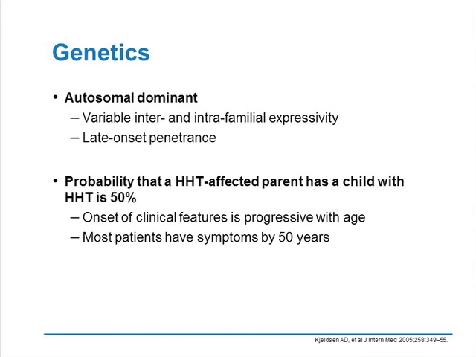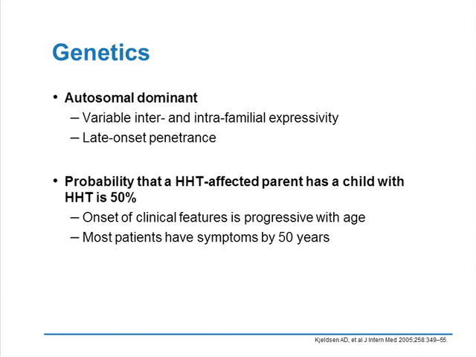So in other words, the dad may have just mild nosebleeds, but the child can have significant nosebleeds. The dad may have lung AVMs, and the child may not have lung AVMs. So there's more to just the genetics and other epigenetic factors that we still do not know of yet that do play a role in the expression of the disease manifestation.